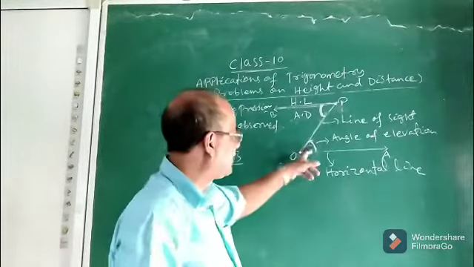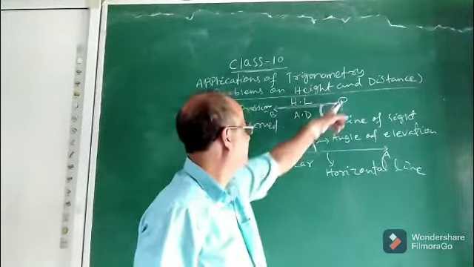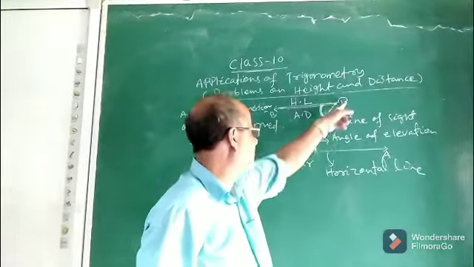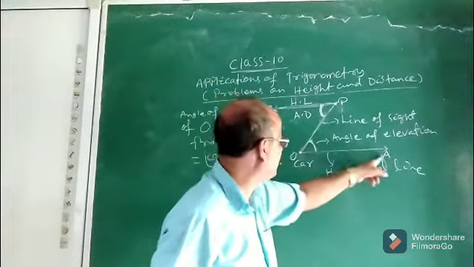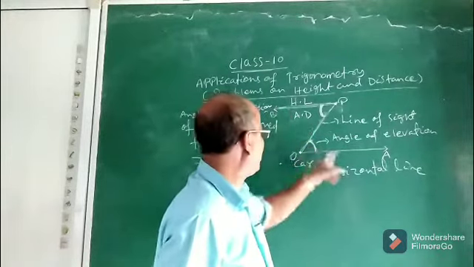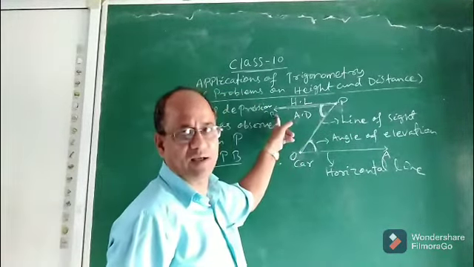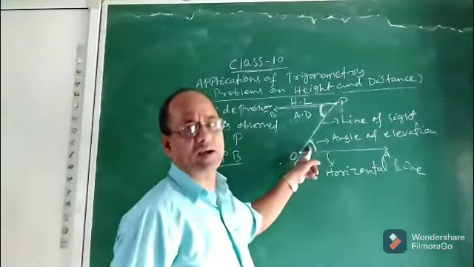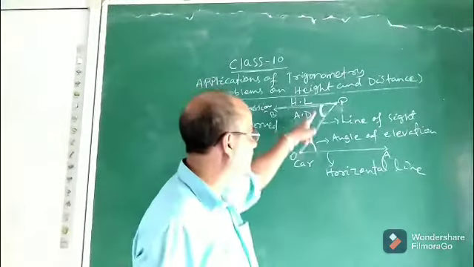And you see clearly, since this is the transversal line OP, this line of sight is the transversal line. So clearly OA and PB must be parallel, and definitely this angle and this angle are alternate interior angles. So they must be equal.